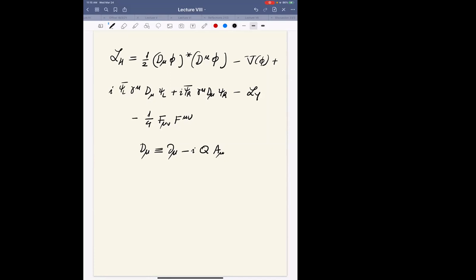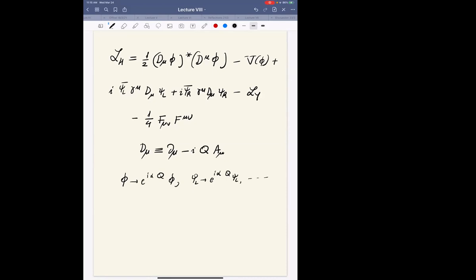And we have a symmetry. Each field, phi transforms as e to the i alpha q phi. Psi L transforms as e to the i alpha q psi L, and so on.